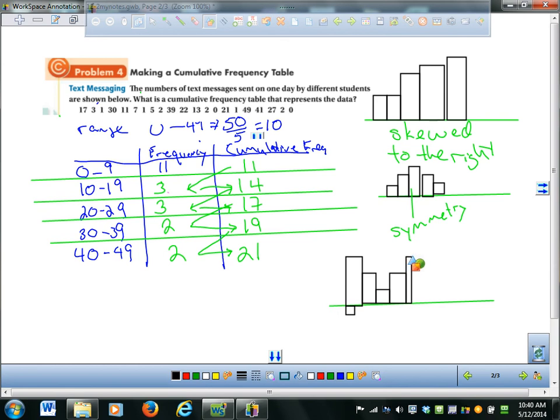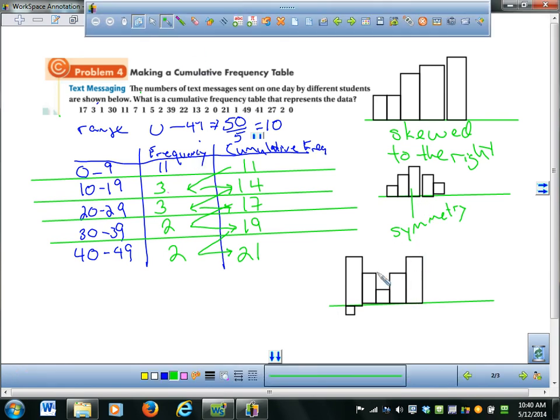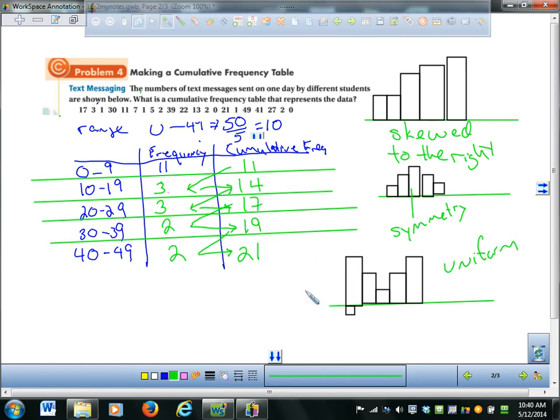Even though it's kind of symmetric, this is called uniform, because it's still skewed to the outside, but it's the same on both sides. So those are the three types of different outcomes you could have.